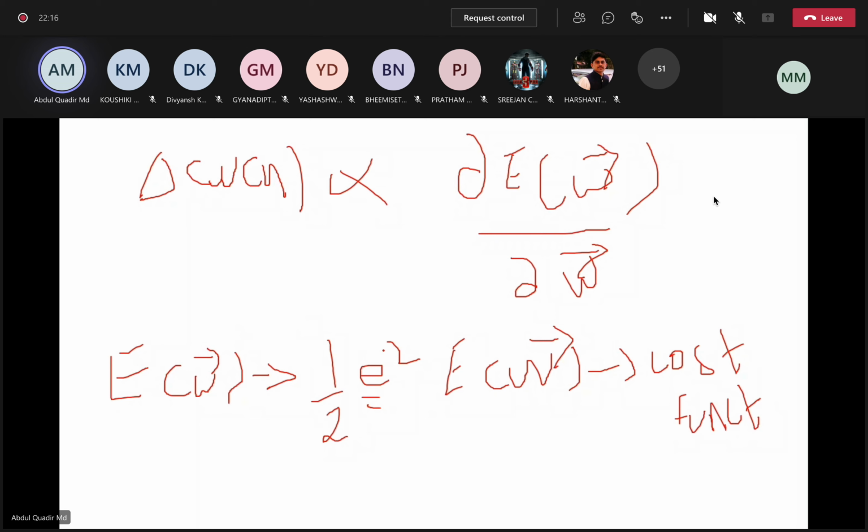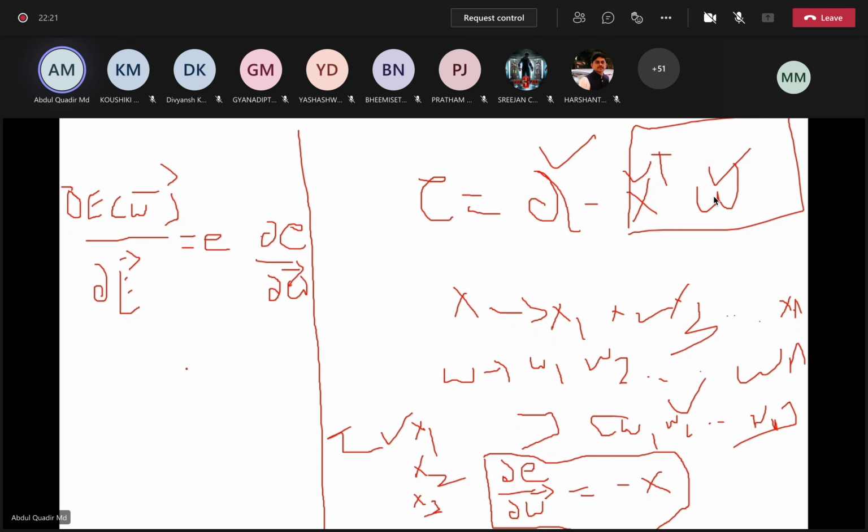The 2 will get cancelled, so I'll get E. Now with respect to E, if I do a derivative, I get this one. What is this one? Minus x, right? So I get E into minus x, E x whole vector.